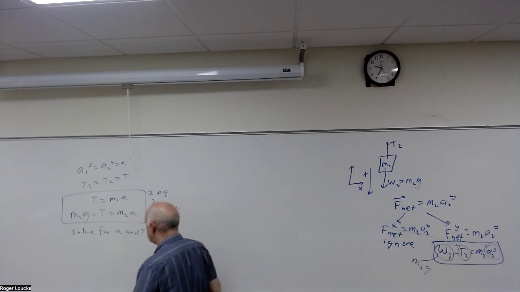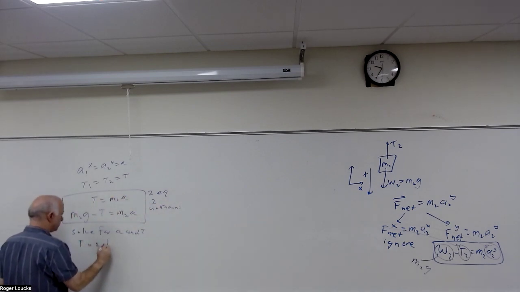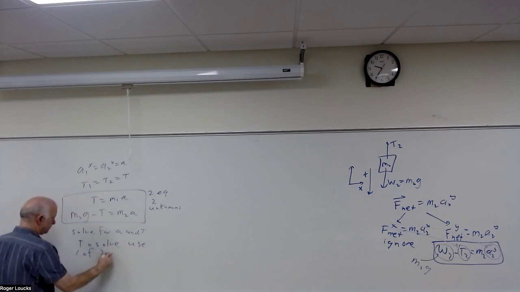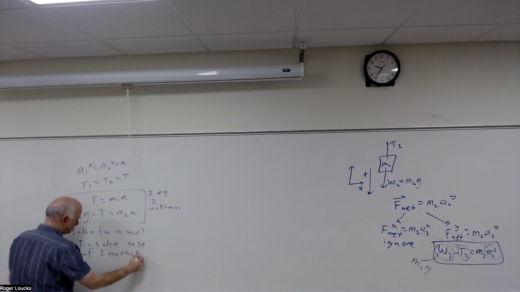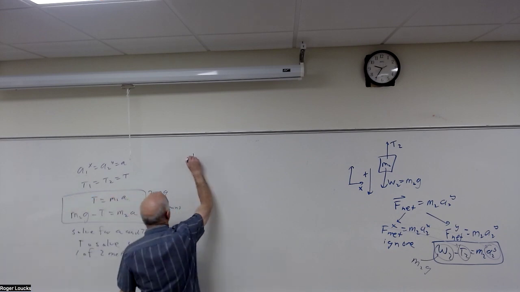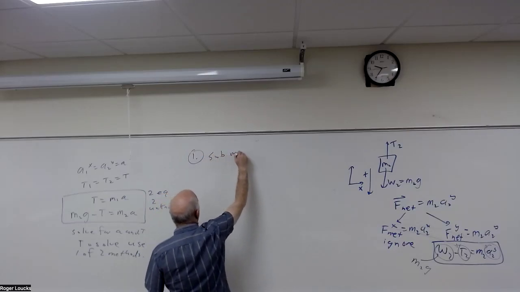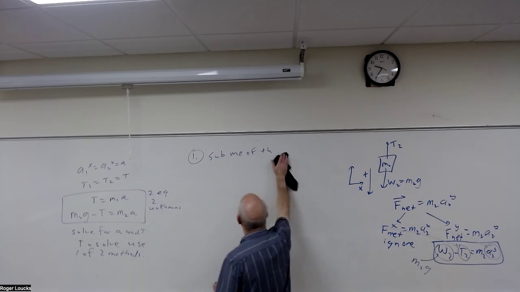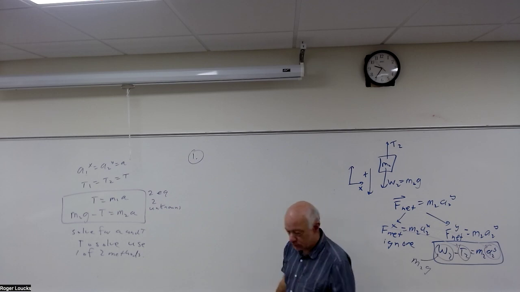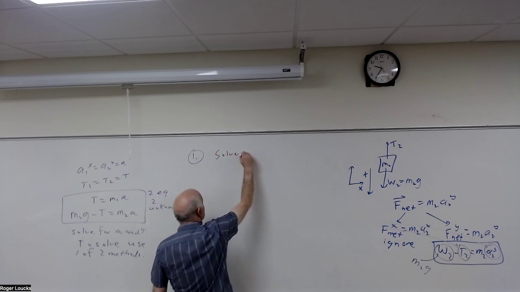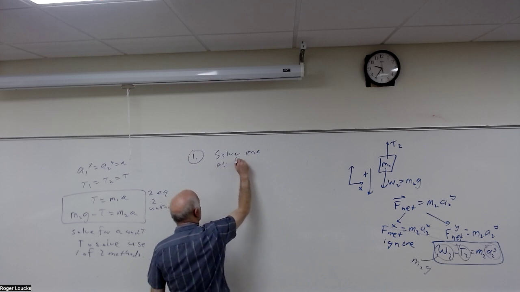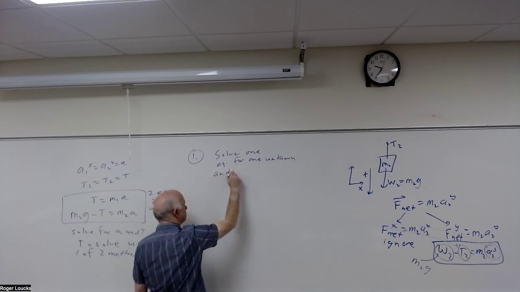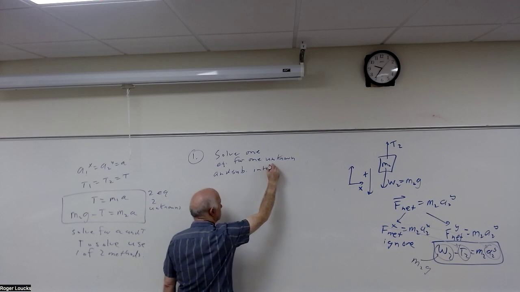Okay, so what I can do is solve using one of 2 methods. The first method: solve one equation for one unknown and sub into the other equation.